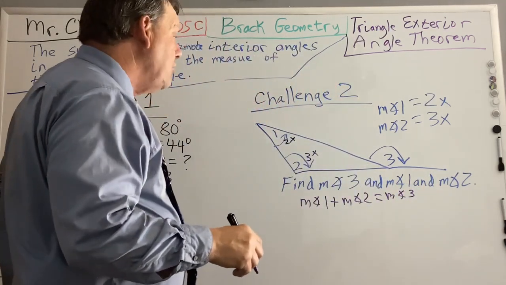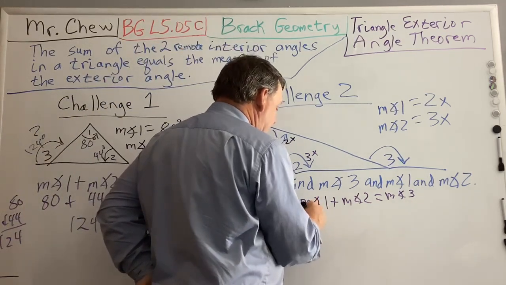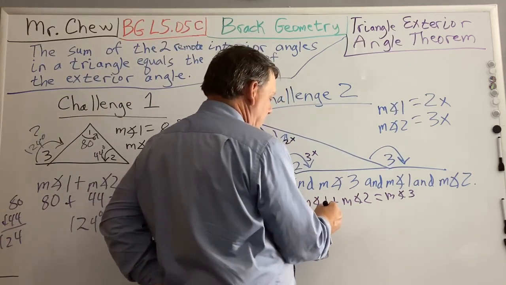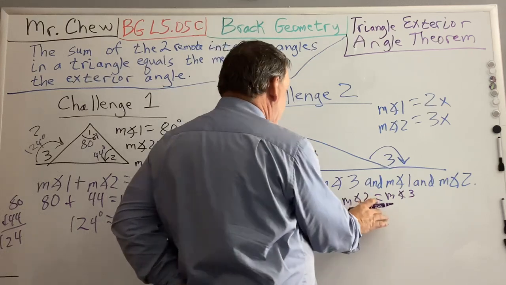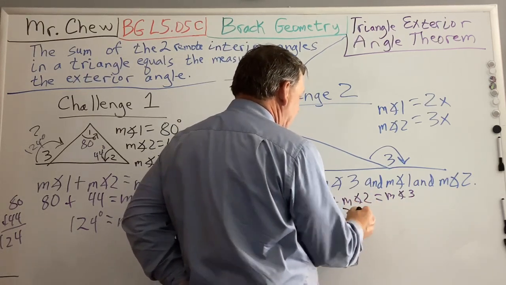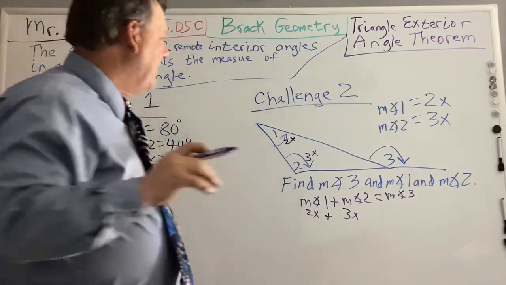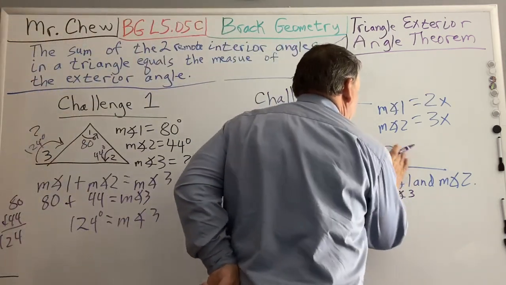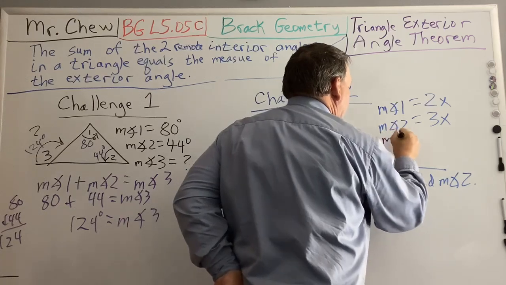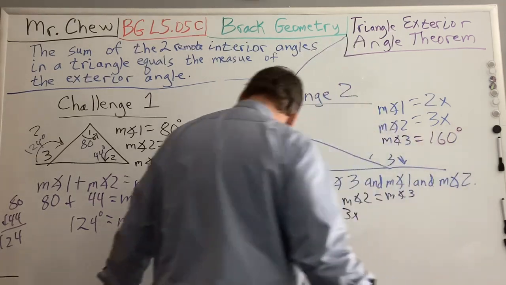Now, I can use the substitution property now to say the measure of angle 1 is 2x, and the measure of angle 2 is 3x, and I believe I left something out here. The measure of angle 3 is 160 degrees.